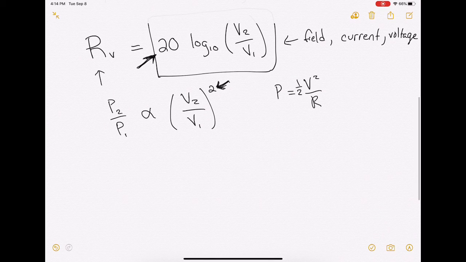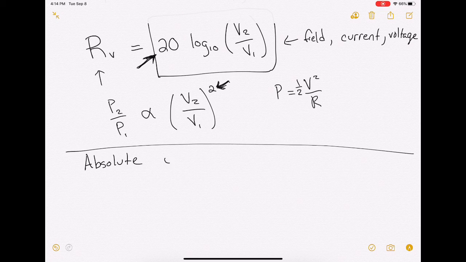So, what are dB good for? One of the things that dB are really good for: I said that they're relative units, but one of the ways that we use them is representing quantities relative to a fixed value.